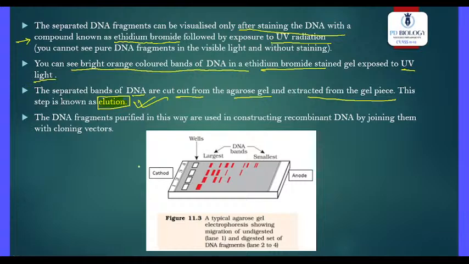So the separate bands of DNA are cut from the agarose gel and extracted from the gel piece. This step is known as elution.